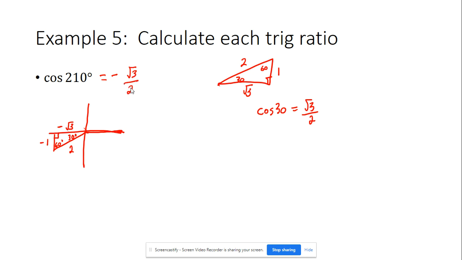Trickier question, but we're using this special triangle in this situation. We're being careful that this is a negative x value and a negative y value because I'm going to the left and I'm going down. The radius is always going to be positive here. But now I can figure out cosine, which is adjacent over hypotenuse, is negative root 3 over 2.